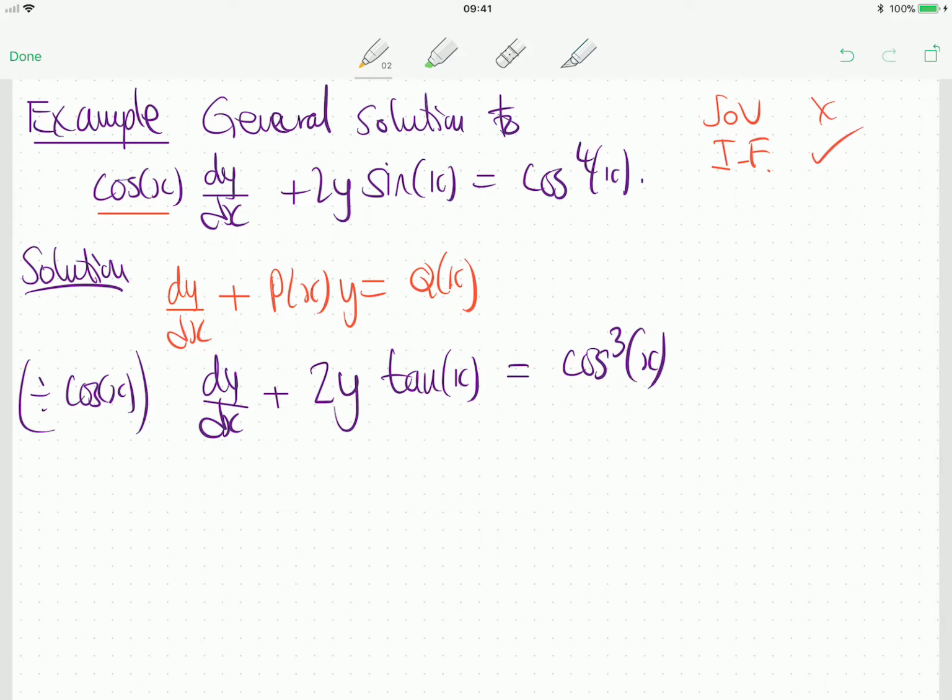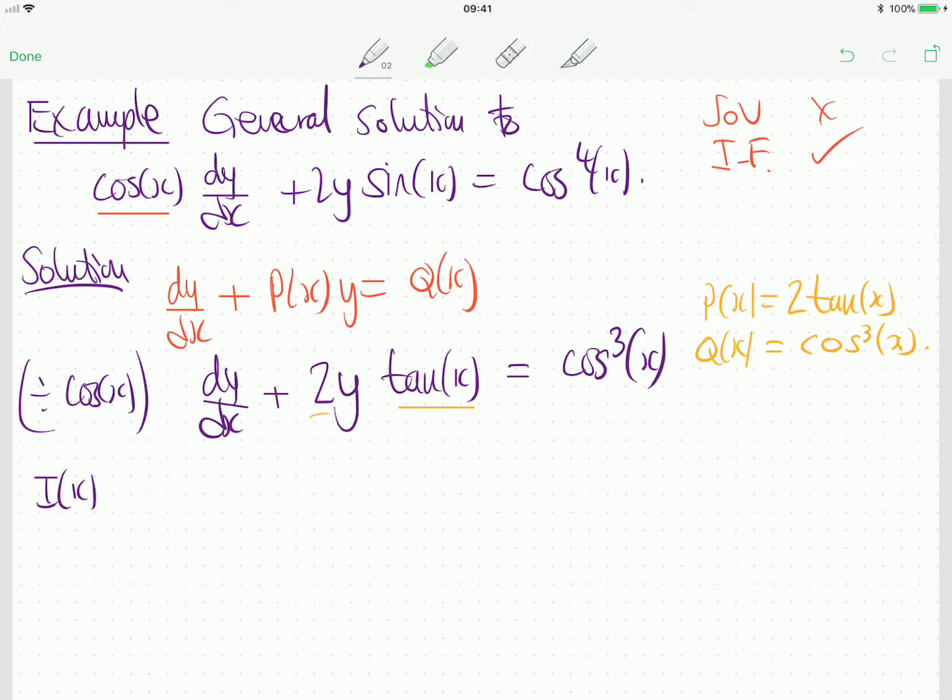Okay, so the p of x, the function in front of y, is 2 tan of x, and the q of x, whatever's left over on the right hand side, is cos cubed. Not liking the look of this yet. Hopefully something nice is going to happen soon.